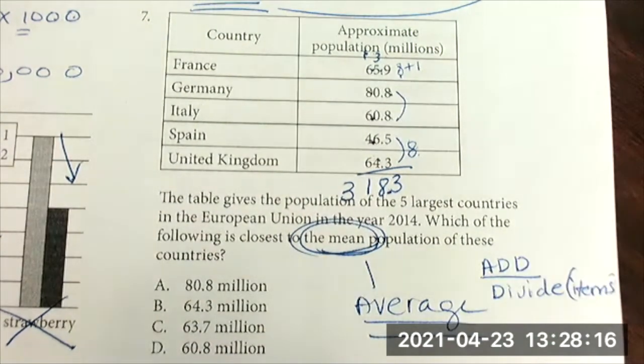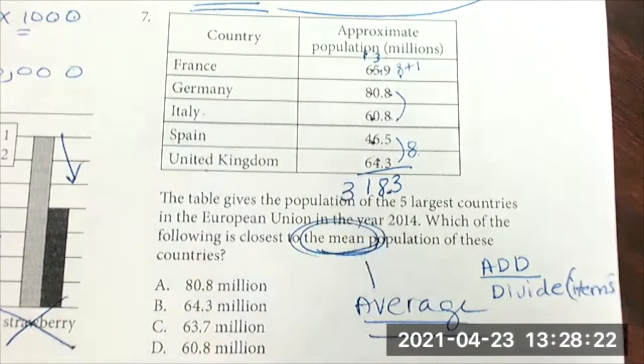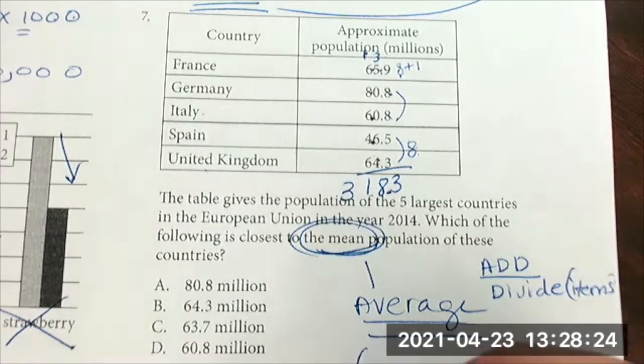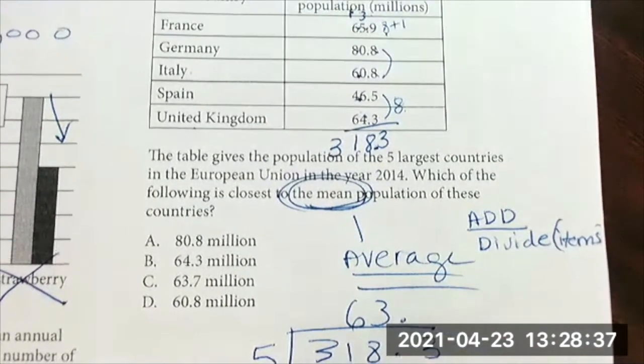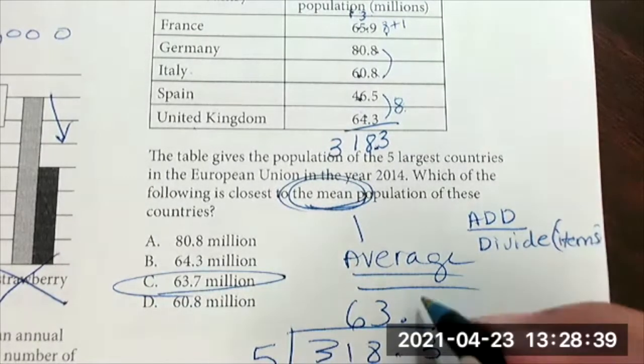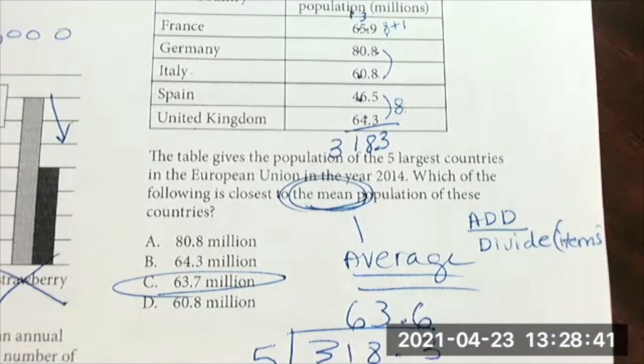So 318.3. I'm going to divide this by 1, 2, 3, 4, 5, 6, 30, 18, 3, 15, 3, and I can probably stop here because it is going to continue.